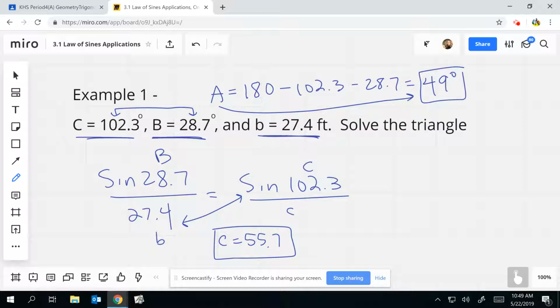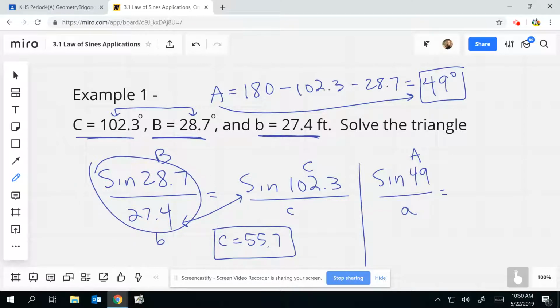And now we can also set up another proportion where you'll have sine of 49, which is sine of A, over little a, which we're trying to find. Angle A over little a. And I would use the original one that they gave us right here as my second one. I don't want to take any chances that I messed up my answer on the first one. So I would use the ones they gave me already. So I would do sine of 28.7 over 27.4.